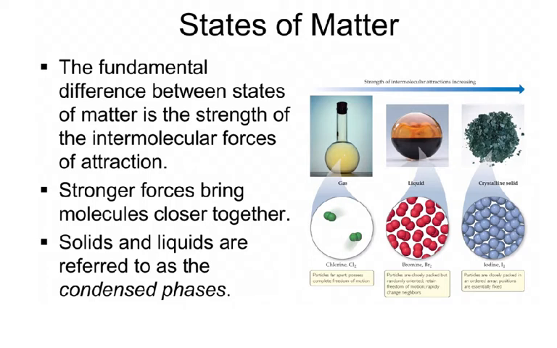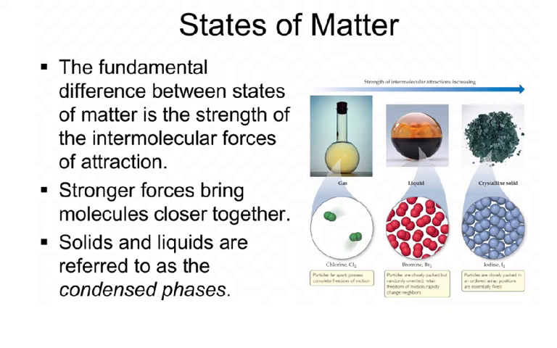When you look at the liquid phase, the intermolecular forces are not as strong. There is some freedom for the particles to move around when you're in that liquid phase. But notice that in solids and liquids, the intermolecular forces are a little stronger, especially compared to gases, because the particles are relatively close to each other, especially in the solid phase.